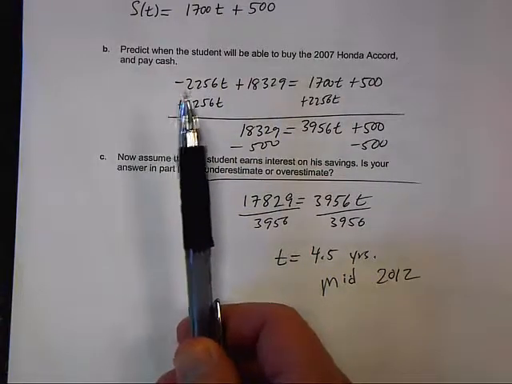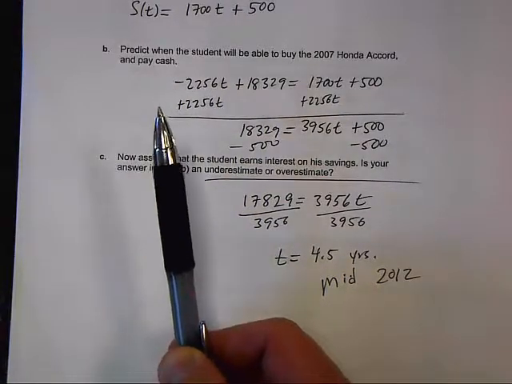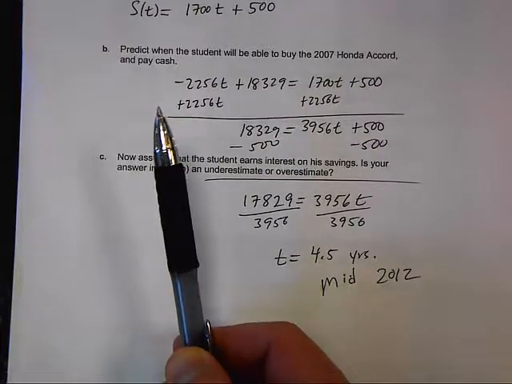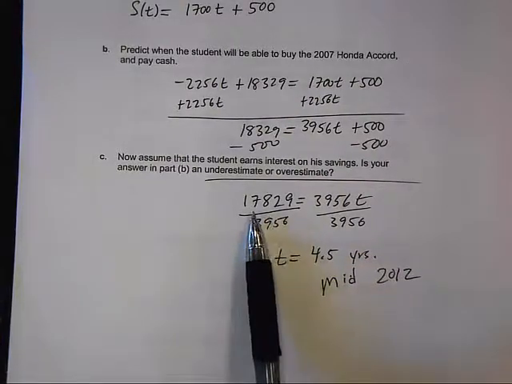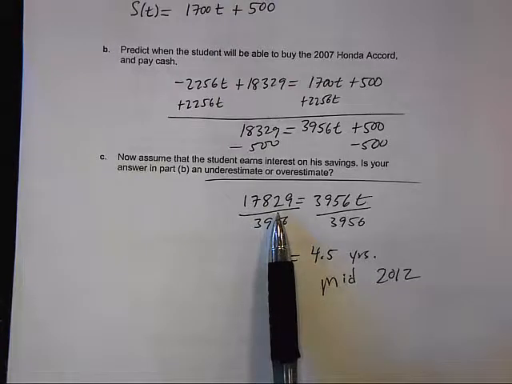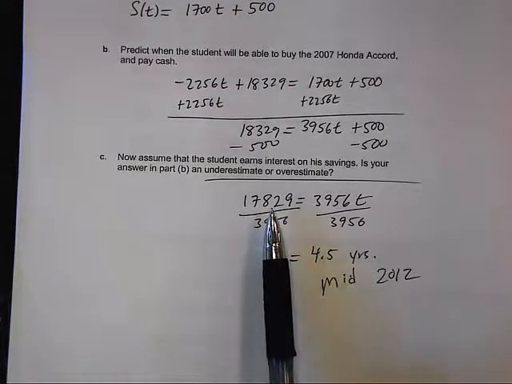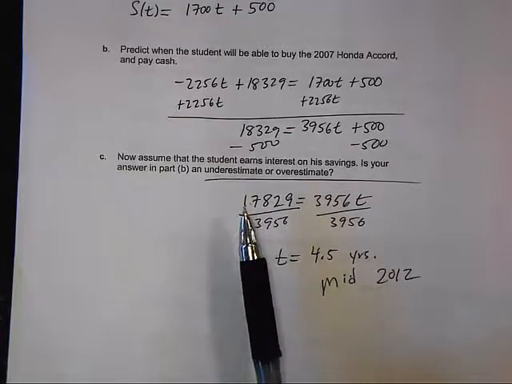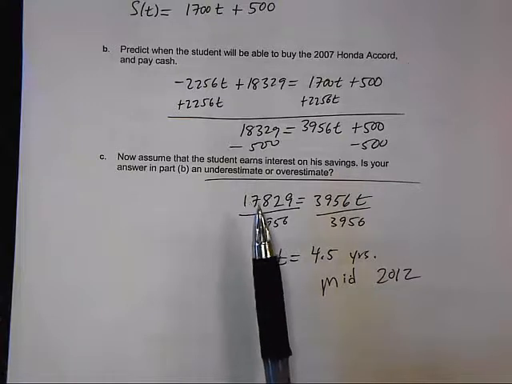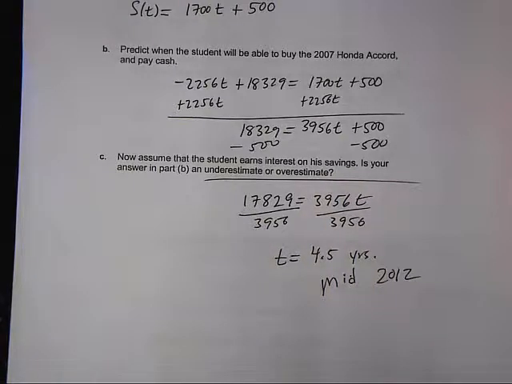My guess would be you might have typed a number wrong into your calculator. Did you have negative 17,829? No. What did you have there? Oh, yeah. I just did it wrong. Okay, so you made an arithmetic mistake there. So we predict that he will be able to pay for the car using cash in 4.5 years.